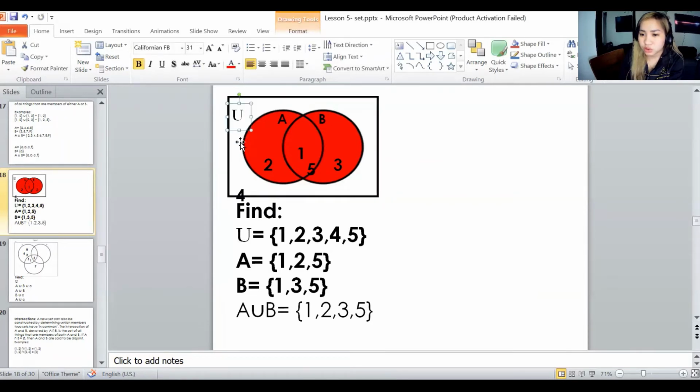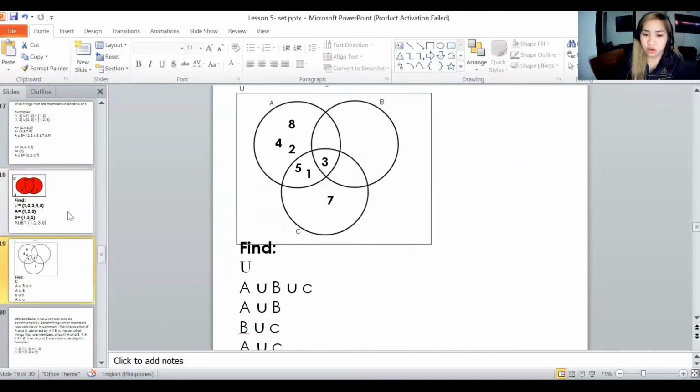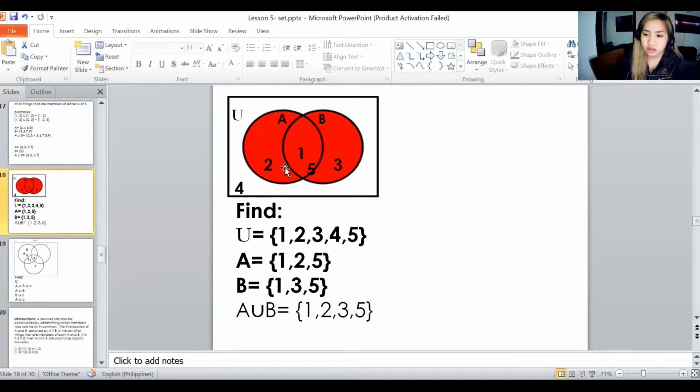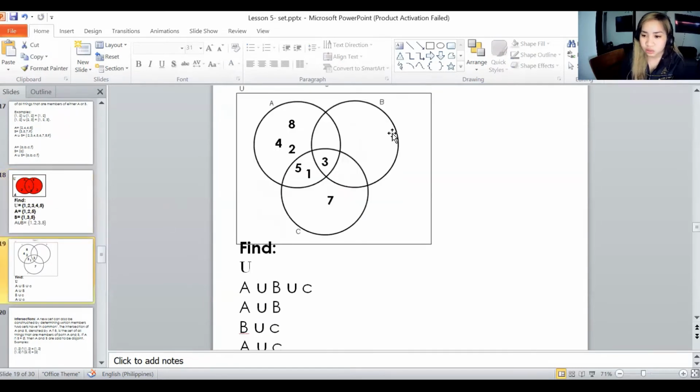Again, kapag po union is, i-combine lang lahat ng elements inside the given set or inside ng rectangle. Depende po kung anong hinahanap. So, kung kanina dalawang circle lang or dalawang set lang yung given, gawin nating 3.